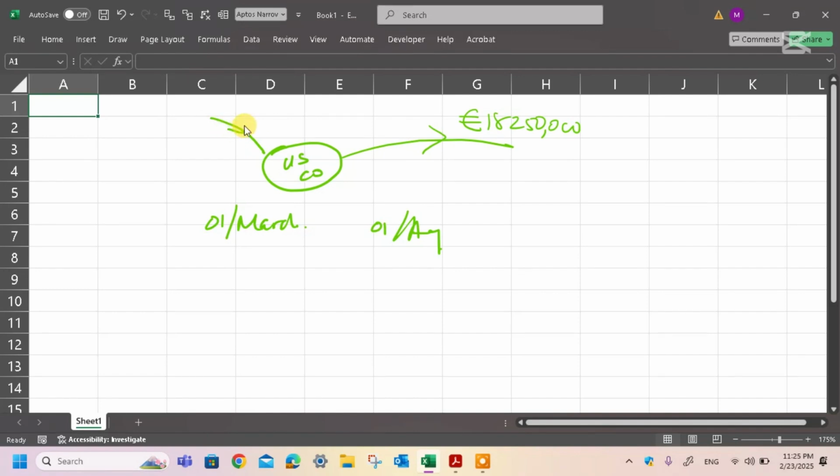They need to buy, then only they can pay the particular supplier. So keep in mind, the requirement is that the company needs to buy euros. How many euros? This much, 18,250,000. They don't have euros because this is a dollar-based company, a US company. Now let's go back to the question.